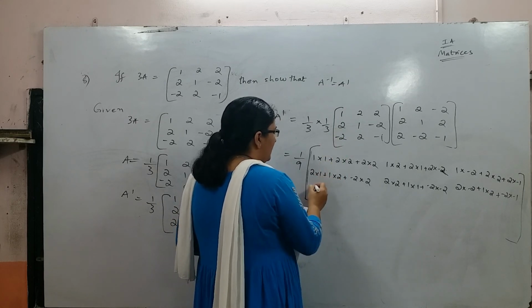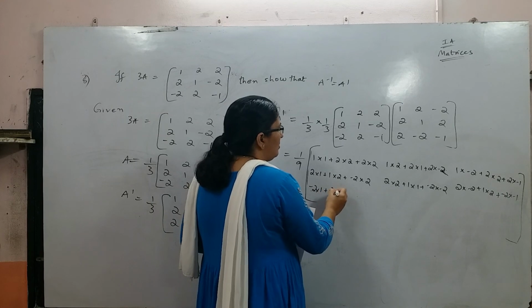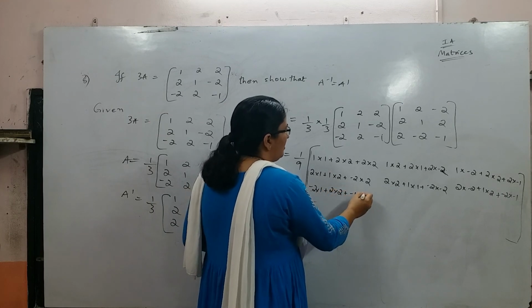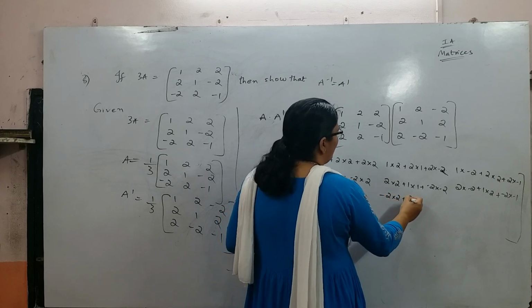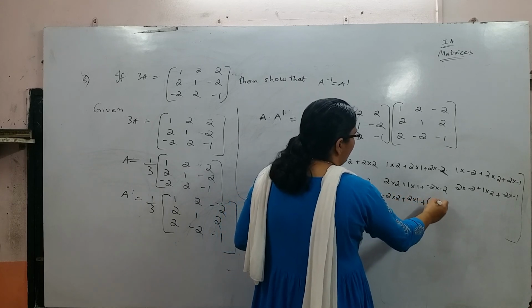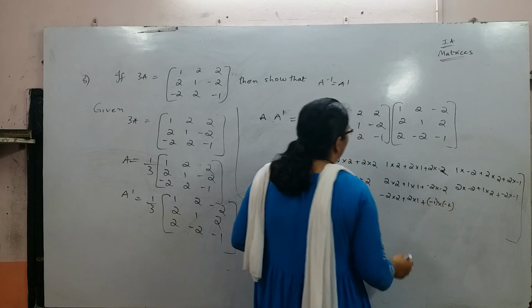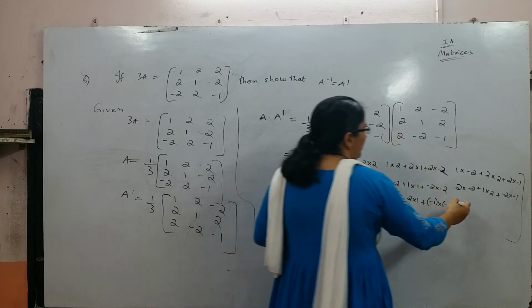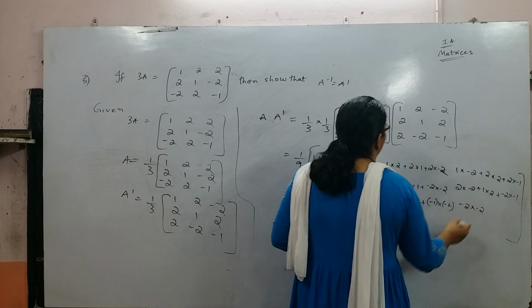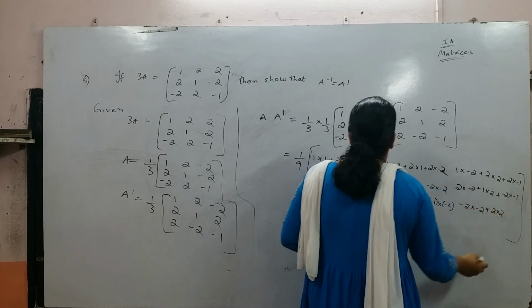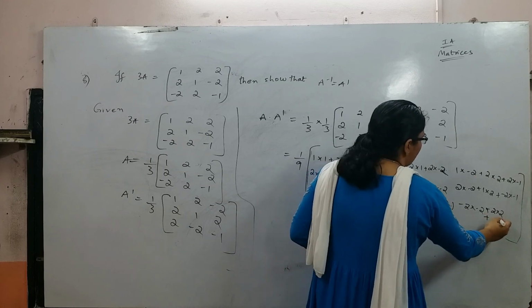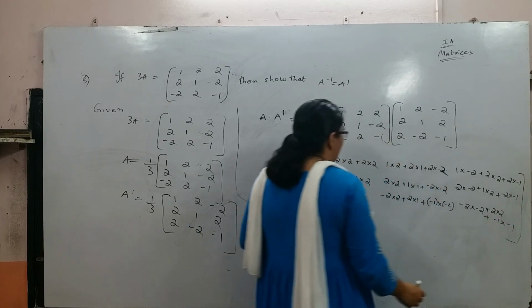Next, minus 2 into 1 plus 2 into 2 plus minus 1 into 2. Minus 2 into 2 plus 2 into 1 plus minus 1 into minus 2. Minus 2 into minus 2, 2 into 2 plus minus 1 into minus 1.